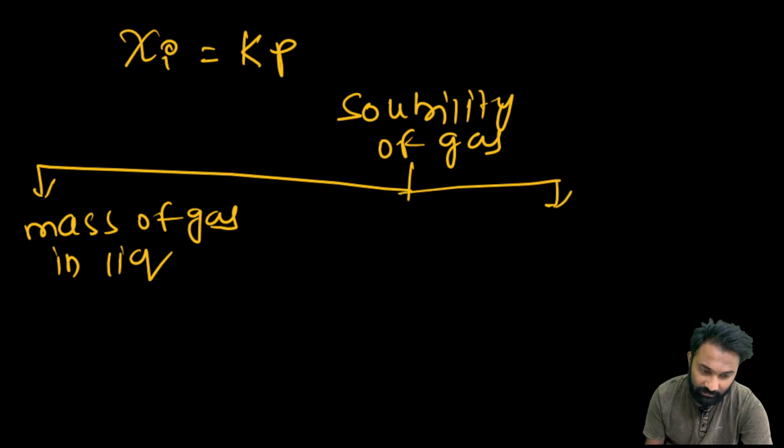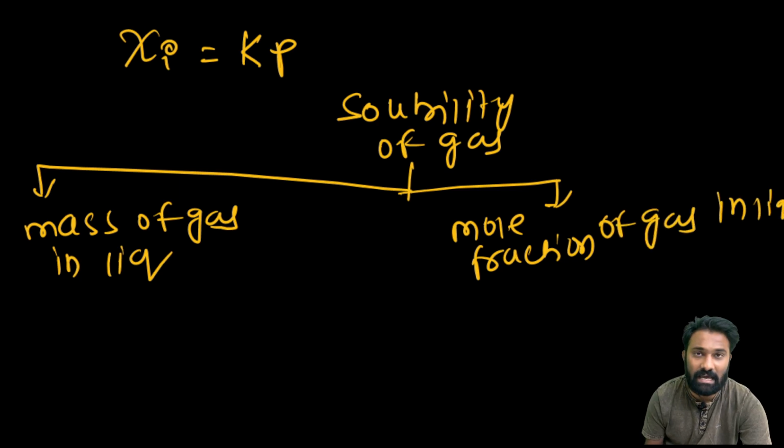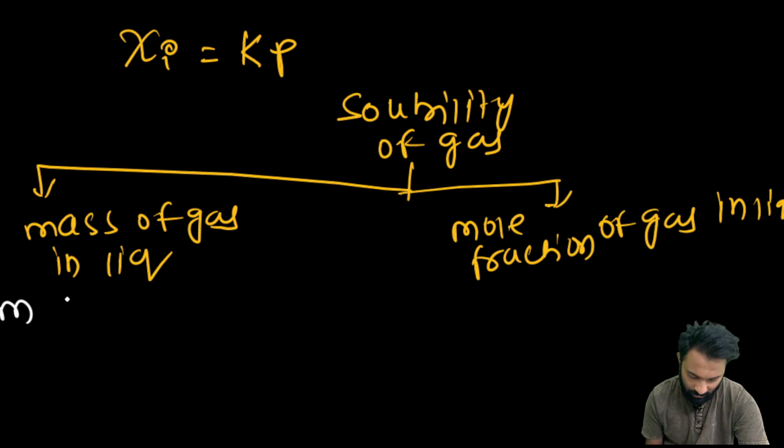Second, we are relating it with the mole fraction of the gas in the liquid. In these two terms we are relating. For the mass of the gas formula: the mass of the gas dissolved in the liquid is directly proportional, equal to K into P. Now this K is Henry's constant KH.